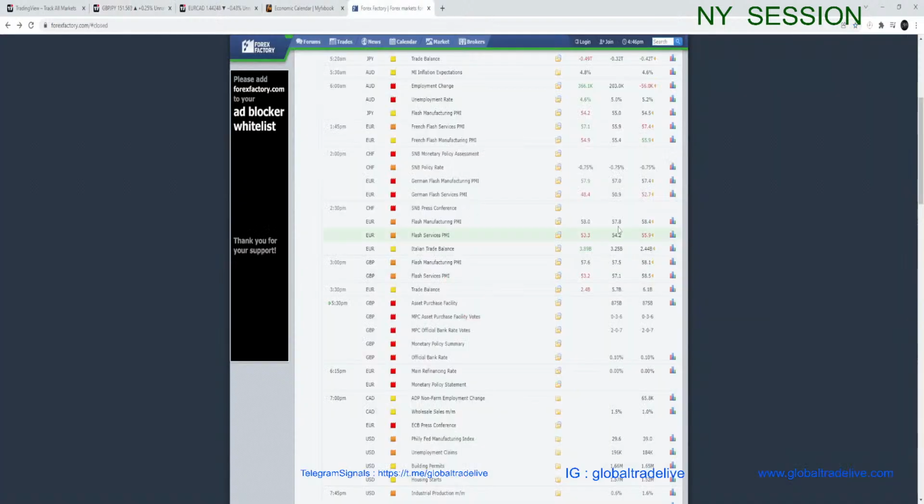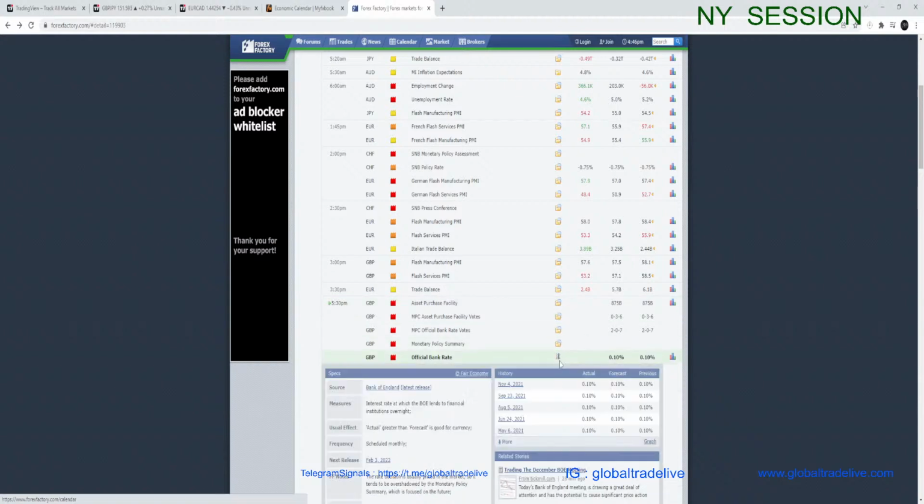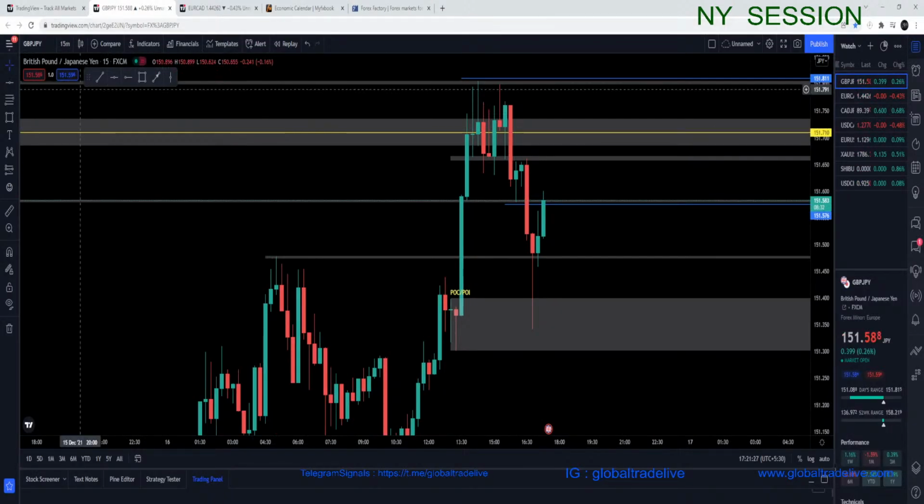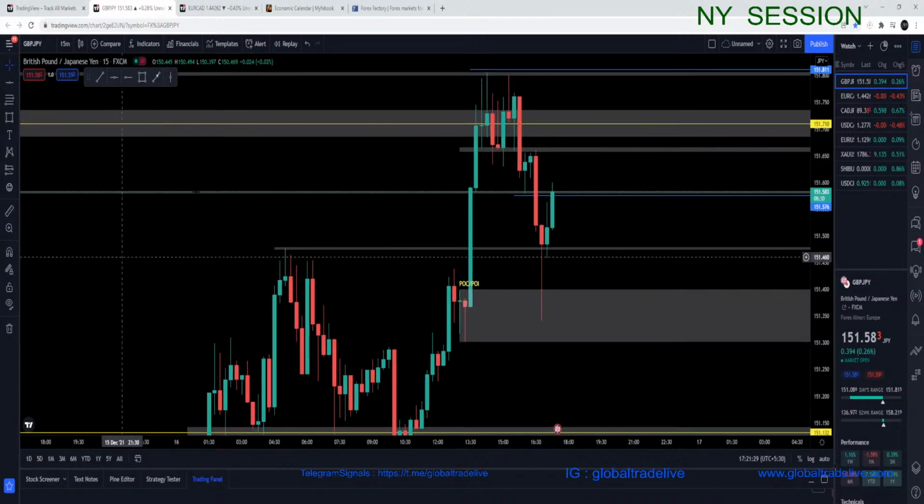Okay, we were about to check where is that? Bank rate, bank votes. So there was an interest rate decision on November 4th.